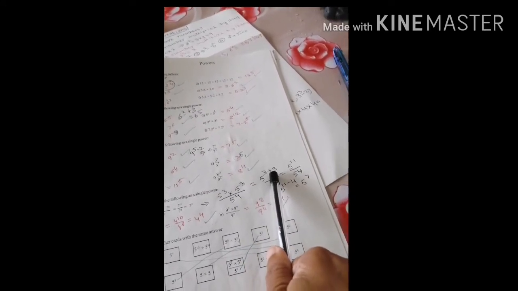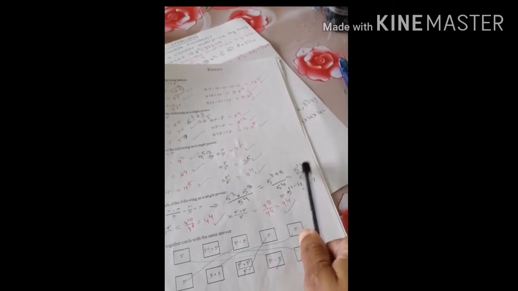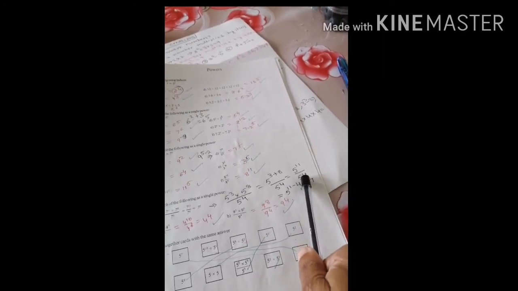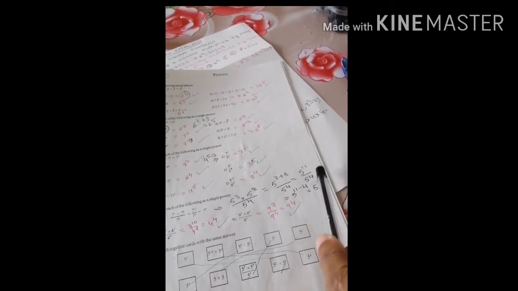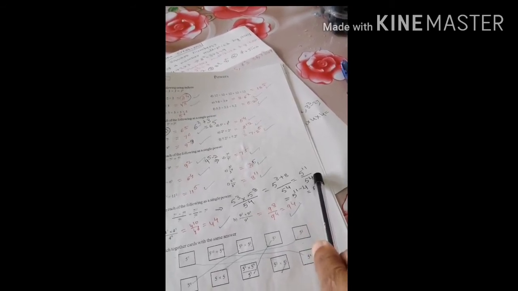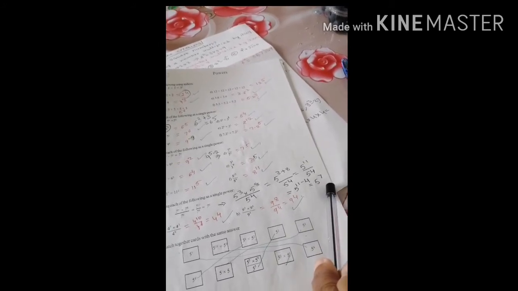So 5 to the power 3 plus 8 equals 5 to the power 11, and then 5 to the power 11 divided by 5 to the power 4. In the rules we saw that when numbers are divided, the powers are subtracted. So 5 to the power 11 minus 4 equals 5 to the power 7.